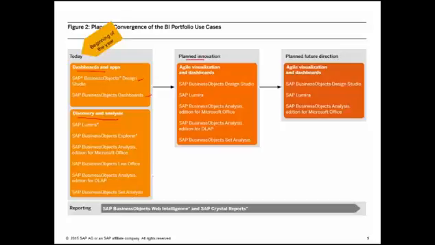As you can see in the middle there, in the future they will be focusing mostly on Lumira and also Analysis for Microsoft Office. And this one, the edition for OLAP, is similar to the one for Microsoft Office. So we'll talk about the edition for Microsoft Office.